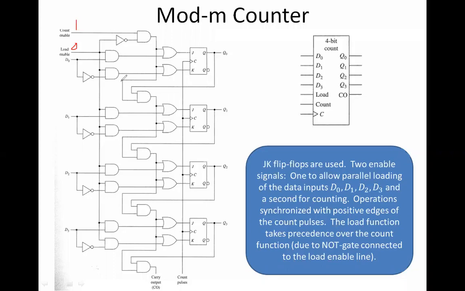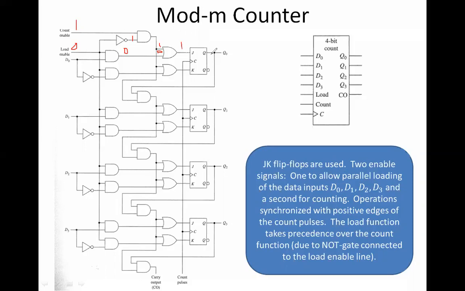Now let us look at the first case where the counting operation is happening. When I say count operation, I give this one as high and the load enable as 0. If I give 0 here, it's going through an inverter, so I'll get a 1 here. So 1 and 1, so 1 is going to come here, and since it's a 0 here, I'm going to get a 0 here, and since it's an OR gate, I will get a 1, right?